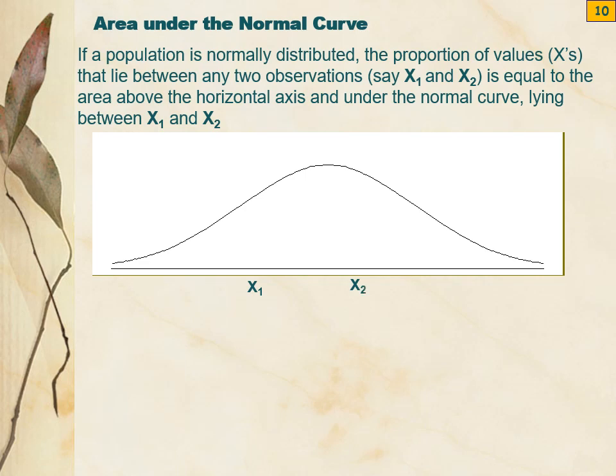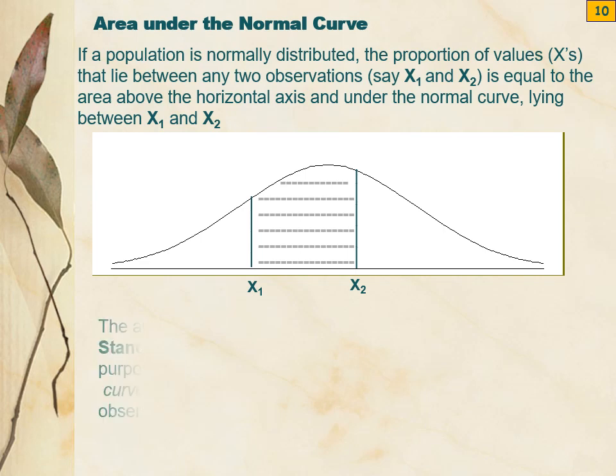You are interested in knowing what proportion of observations lie between x1 and x2, or what percentage lies between these two. If you draw the perpendiculars here, the proportion of values is the same as the area below the curve between these two perpendiculars.